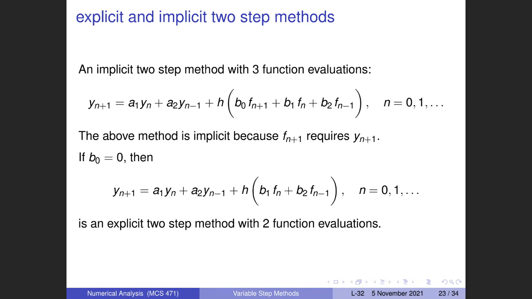We can turn this method into an explicit one by setting the B naught to 0. So we have now 2-step methods that use multiple function evaluations. So this is now a combination of implicit and explicit methods, but in a multi-step way.